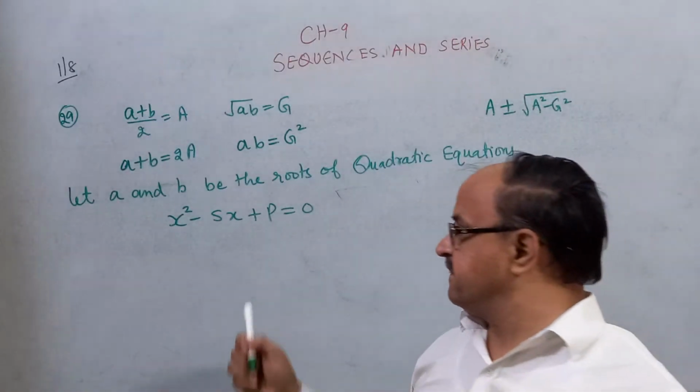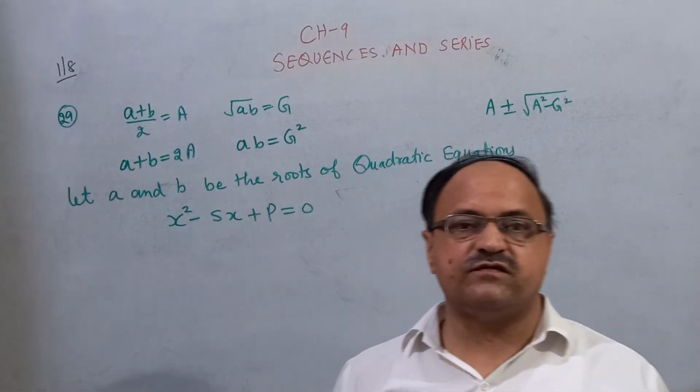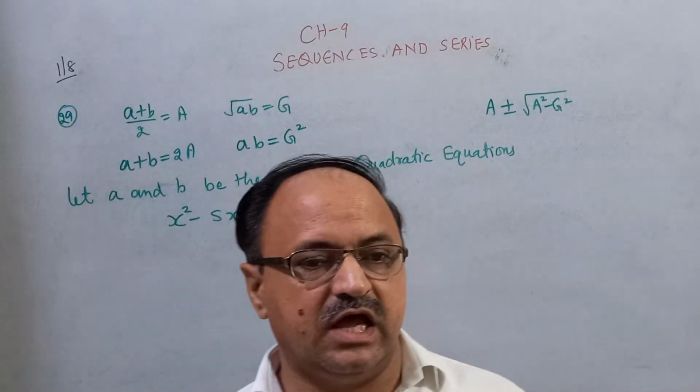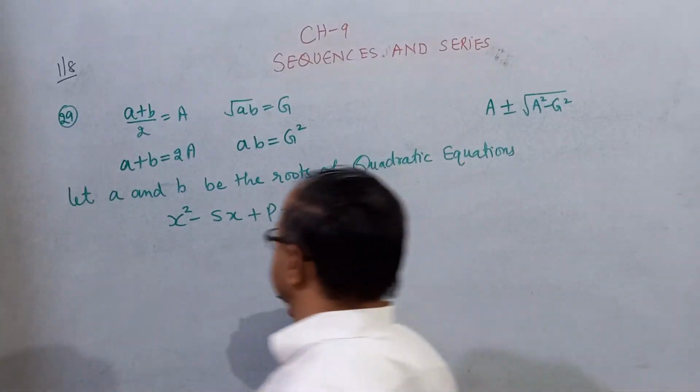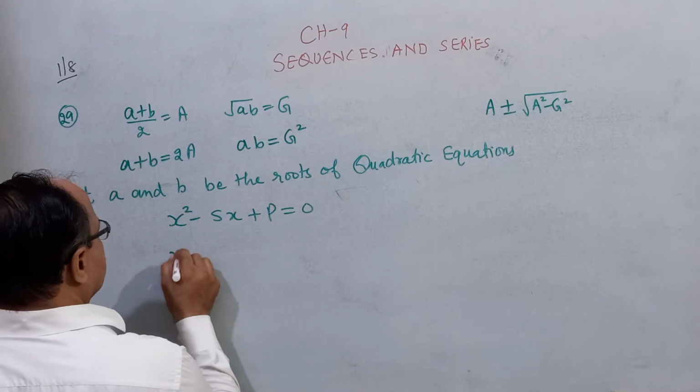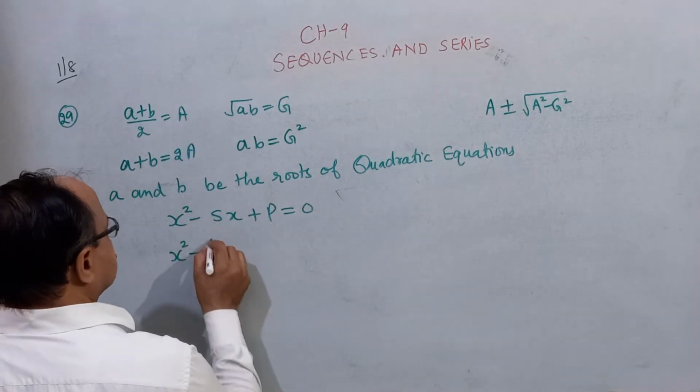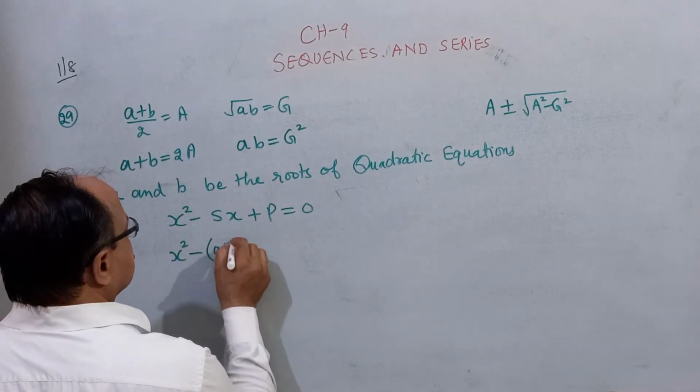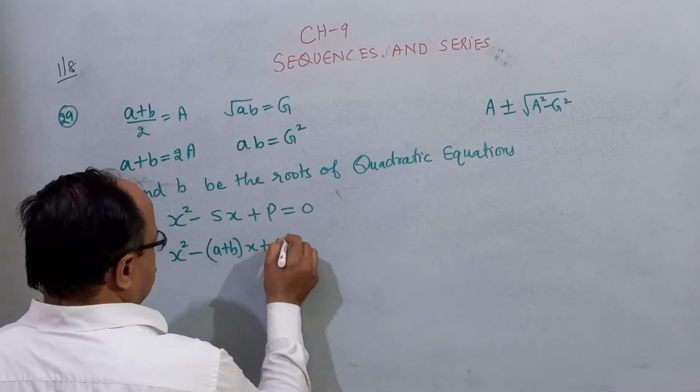Here S is the sum of roots, and P is the product of roots. Therefore the sum is a plus b and the product is ab.